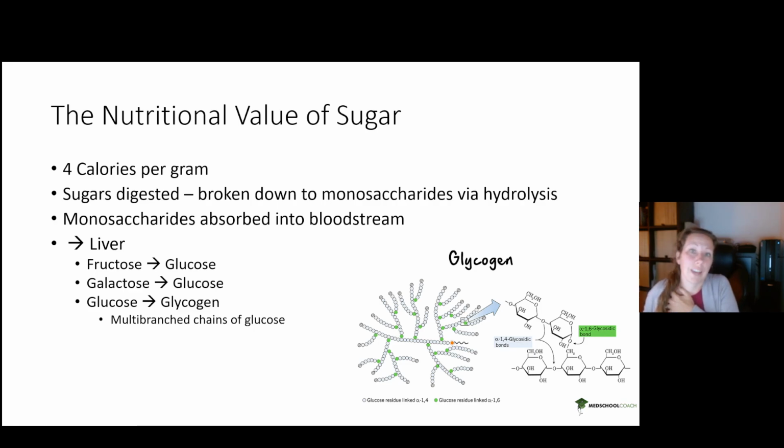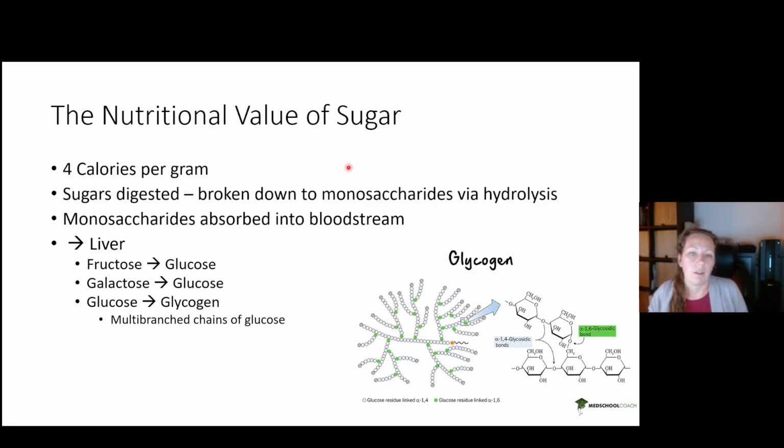There are many more sites to break off a single glucose at the end, because each reaction just needs one glucose, and you can only break off that end one at a time. So by having all these branches, you get a lot of glucose all at once, versus a straight line of glucose molecules, which would take a lot longer.